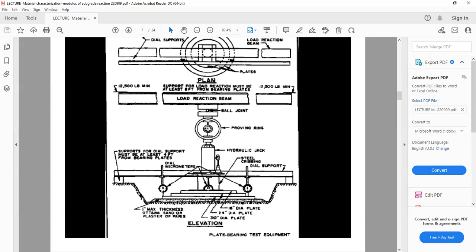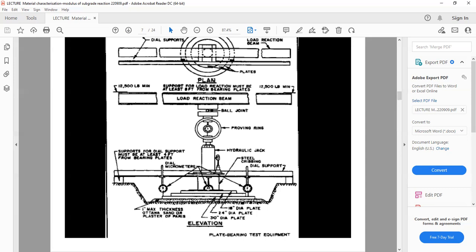This test is similar to what we have in the CBR test. If you look at the CBR test, there is a frame all around, there is a proving ring, there is a jack, and obviously there are dial gauges. But here there are 3 or 4 dial gauges, whereas there we have only 1 dial gauge. Also, the load is uniform.